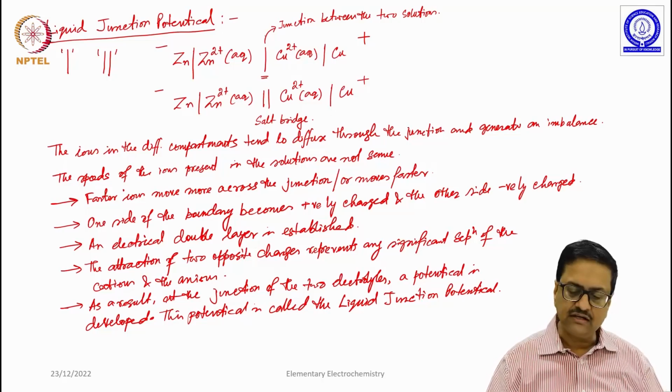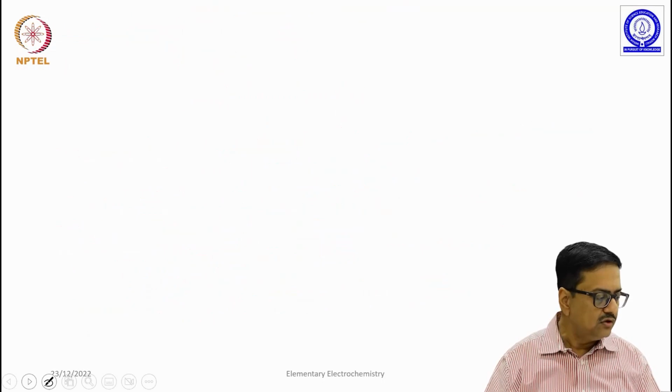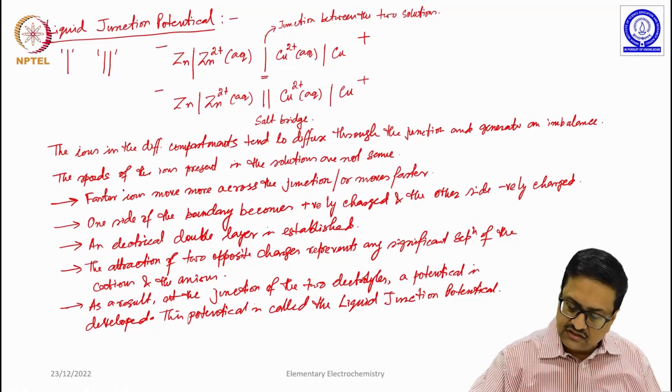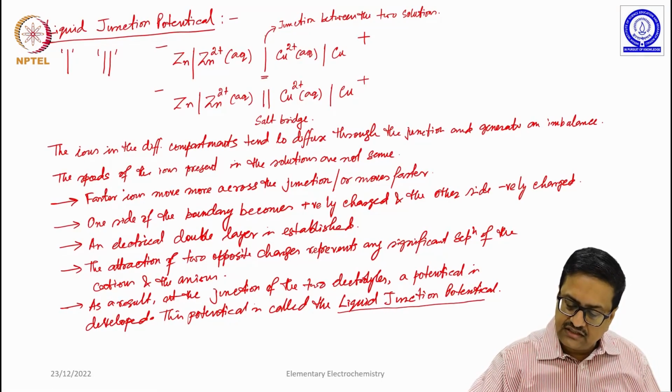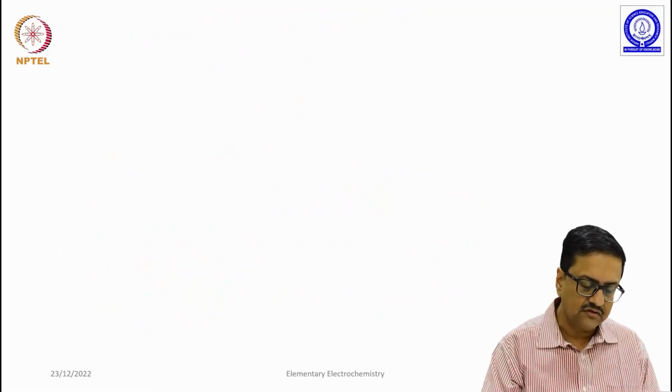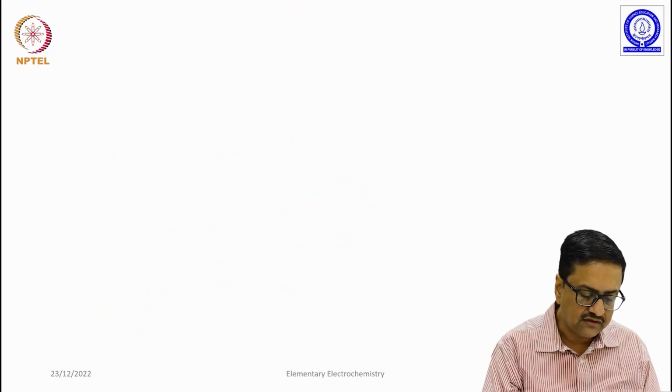So, to overcome this, one has to use something called a salt bridge. This liquid junction potential is represented by this symbol. What we use is called a salt bridge.